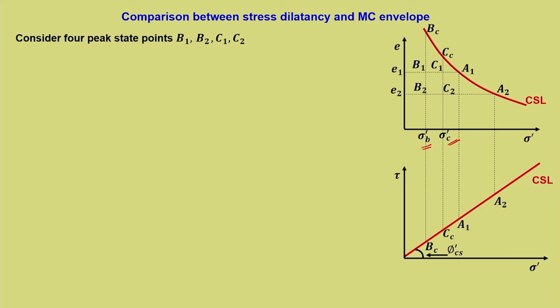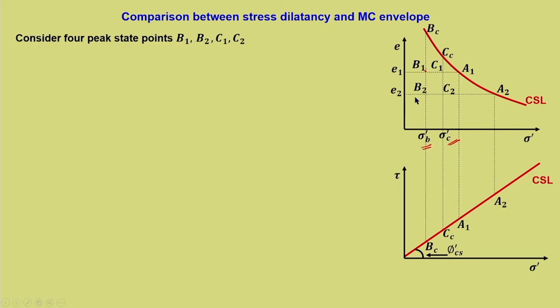Now these four points represent many different aspects. B1 and C1 have the same e1; B2 and C2 have the same e2, where e2 is less than e1. The points B1 and B2 correspond to the same initial effective stress, sigma dash B, but e1 is greater than e2, so the overconsolidation ratio will be different for B1 and B2. The amount by which B1 or B2 is overconsolidated differs.